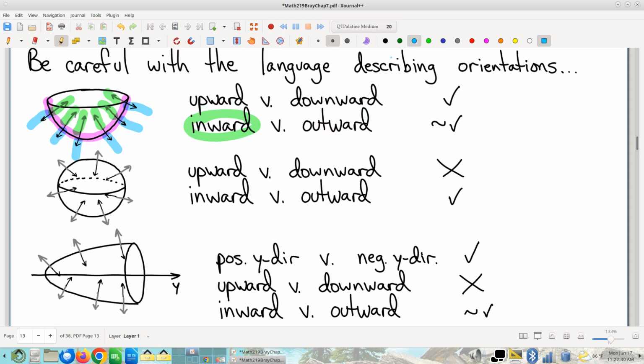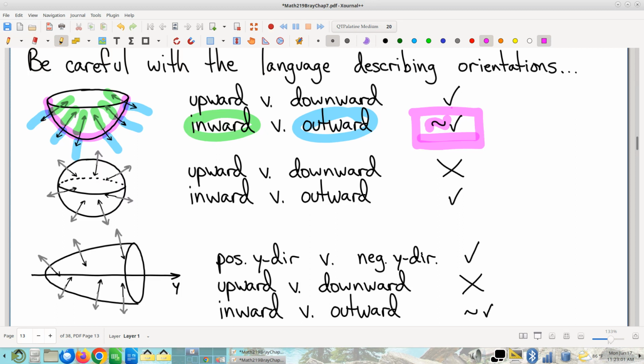So that's the goal. Now, how you use the words to accomplish that goal, I mean, I guess you could say inward versus outward. I mean, I guess you could do that. That's kind of okay. I will point out that technically there is no inside. There is no outside. So it gives me the willies a little bit.